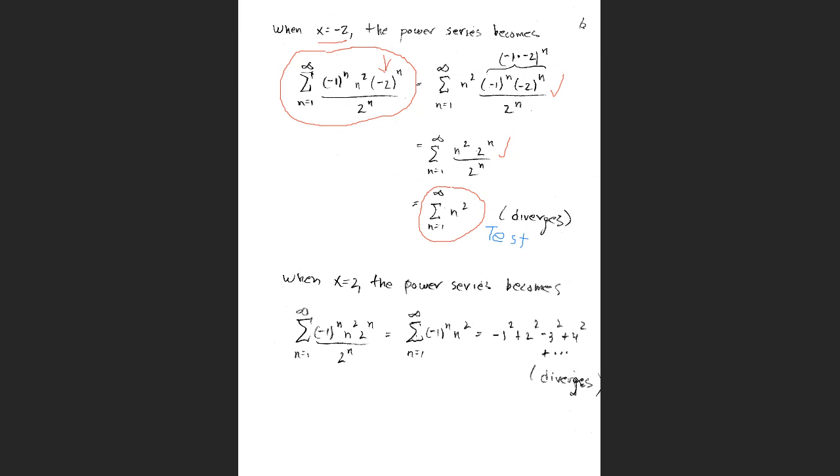But we could say then that the series diverges by the test for divergence. Test for divergence says that if the terms of your series are not approaching 0, the series definitely diverges. So this is the test for divergence that we're using here.